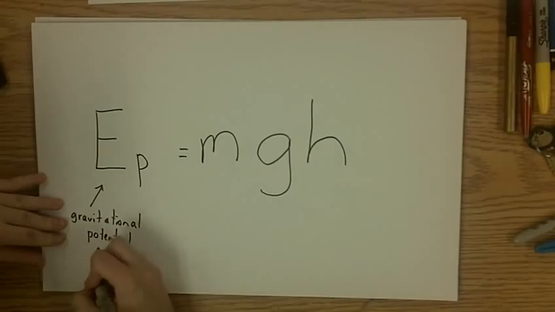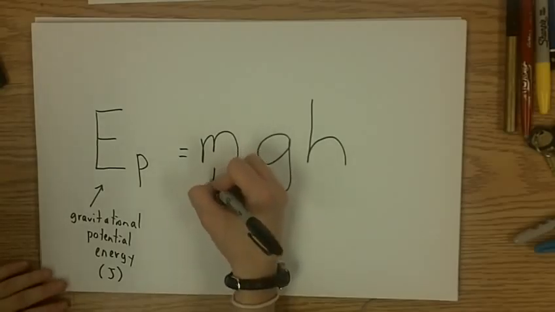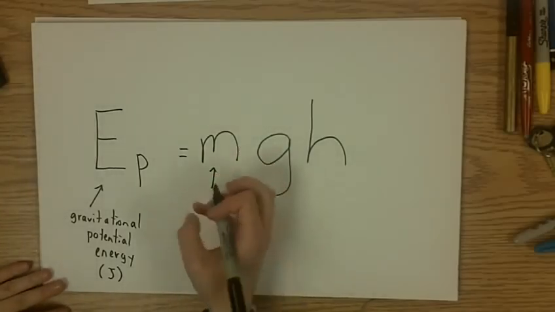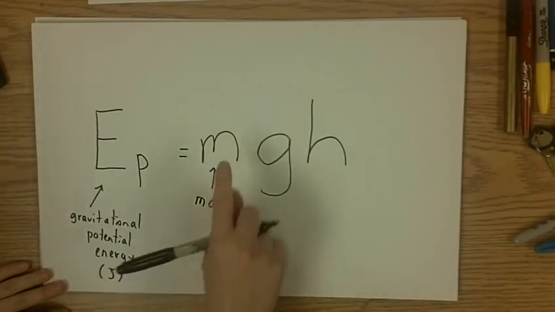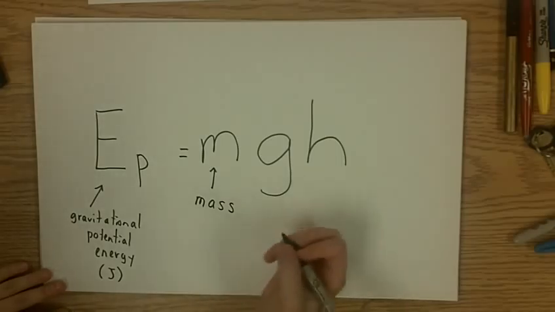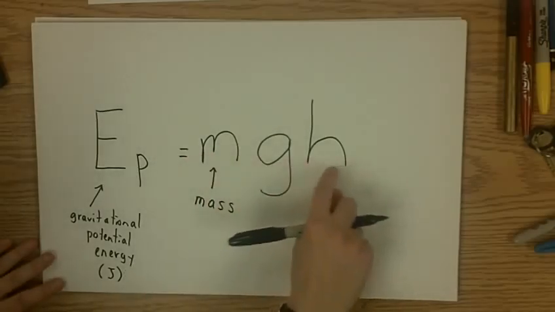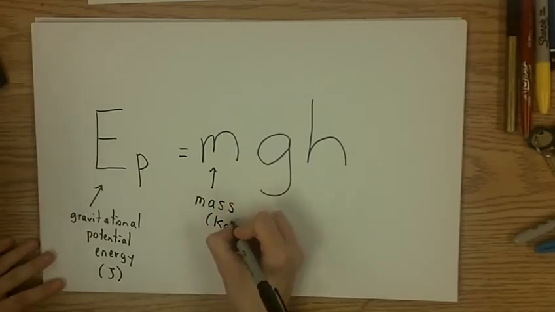And like all energy, this is measured in joules, given by a J. M in physics is always mass. If it's in a formula, then it's mass. If it's next to a number, it's meters. But since this is in a formula, the M is for mass, and mass is always measured in kilograms.